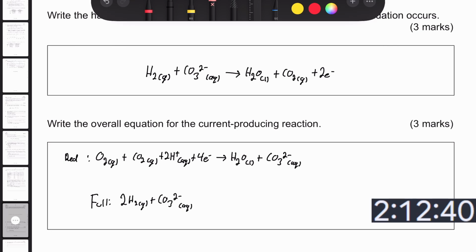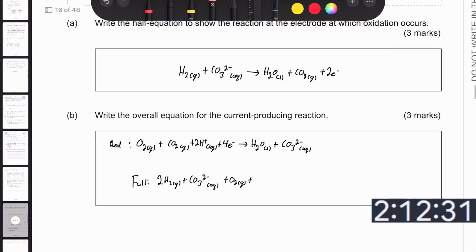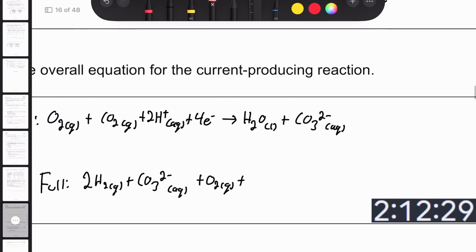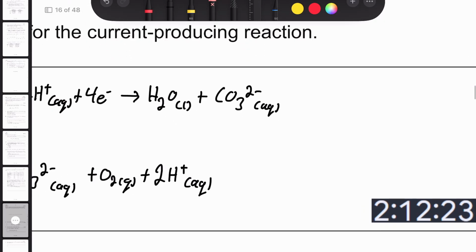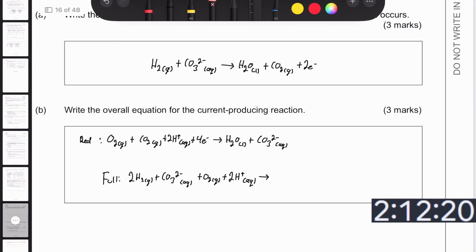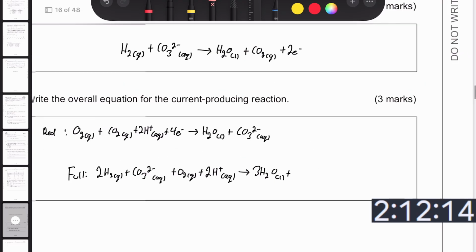And my CO2, I'm going to have an O2 plus 2H+ aqueous, which will produce, to the top, 3H2O and no CO2, and that's it.